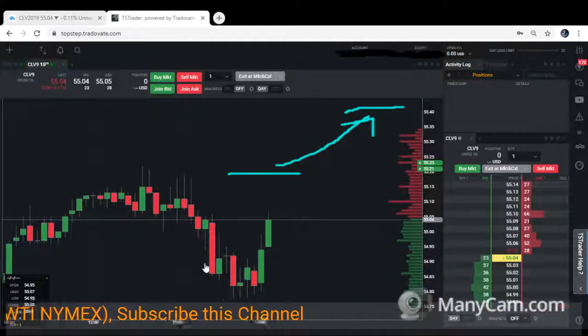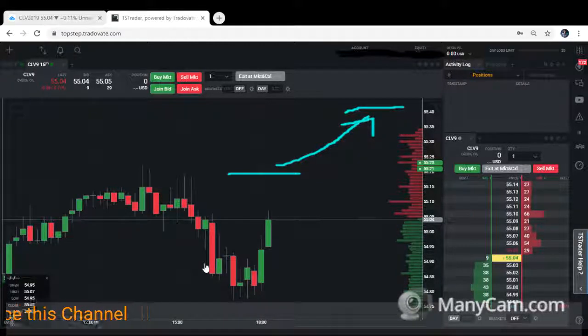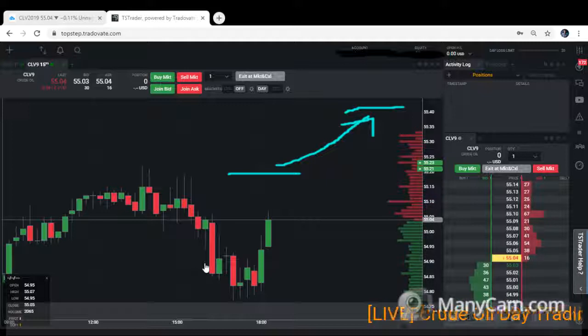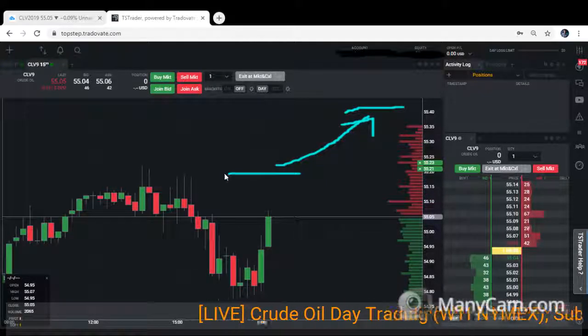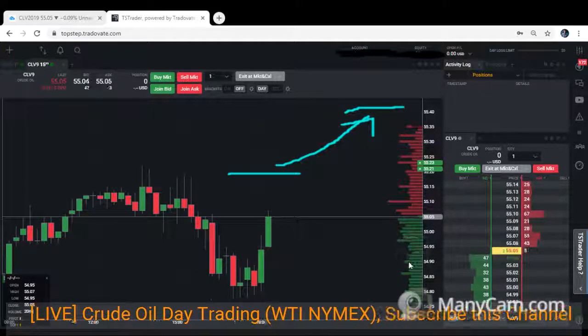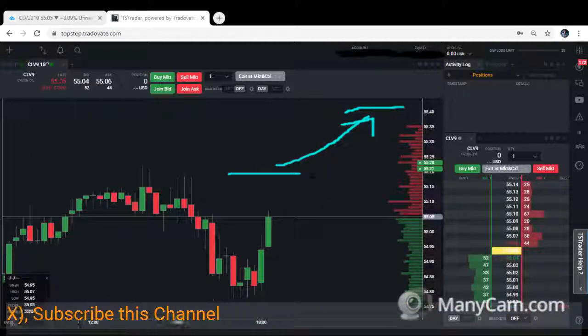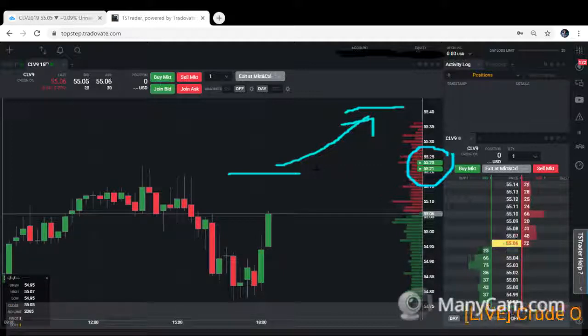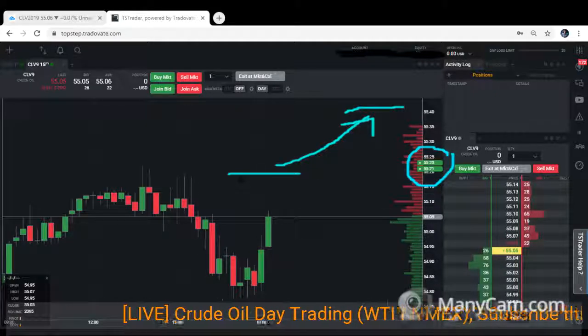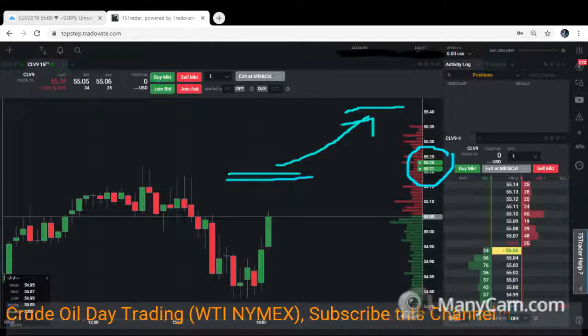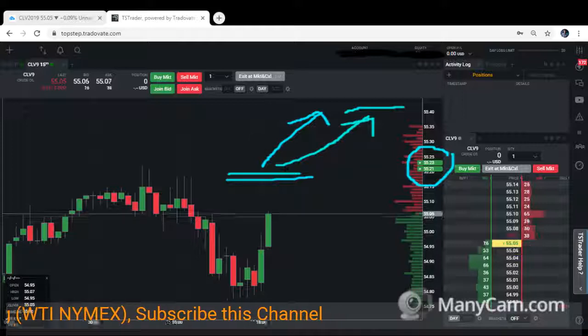Alright traders, it has been 3 hours from the first analysis. Still not yet triggered at this moment. Still waiting for the breakout for the price to go further high. So we are not in the market yet. Still queuing at the same price levels at 55.23 and 55.21. Once the price reaches these levels, we expect bullish movement to the upside.